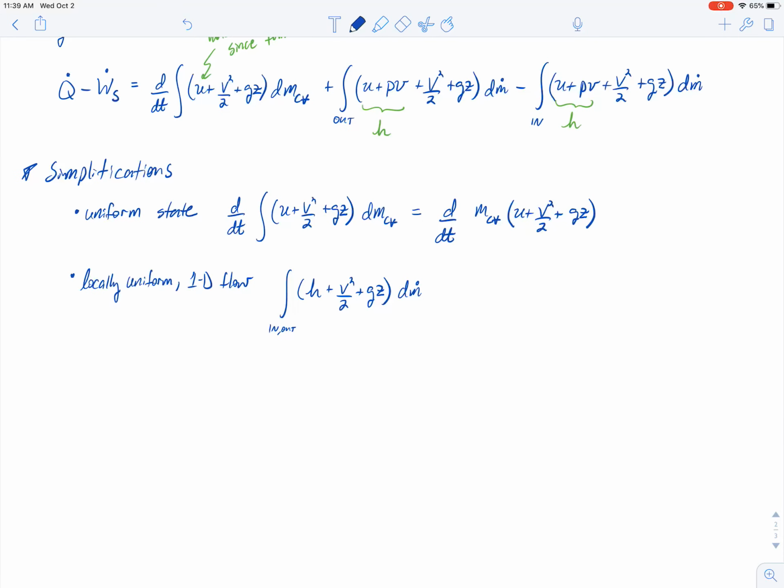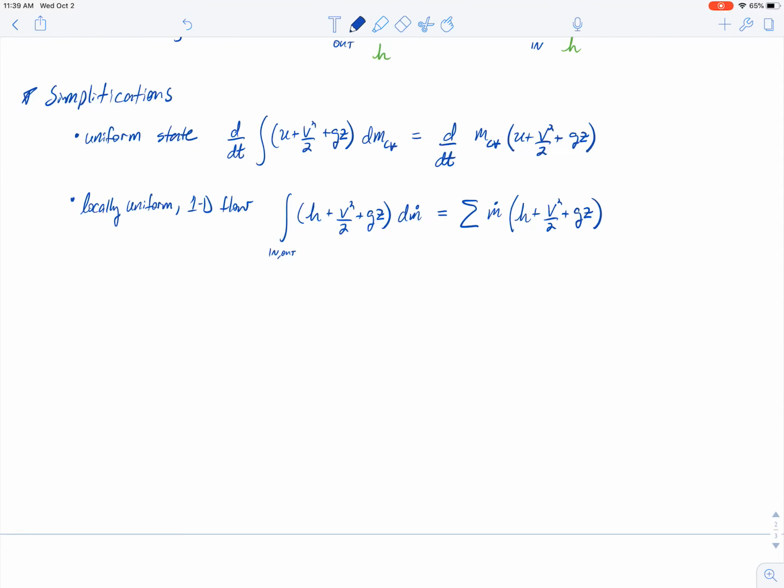If that's the case, then this integral just simplifies to the sum over all of the inlets or outlets of the mass flow rate times the total energy of the fluid. And again, that enthalpy accounts for energy storage through internal energy and the flow work that's occurring as the fluid is entering and leaving my control volume.